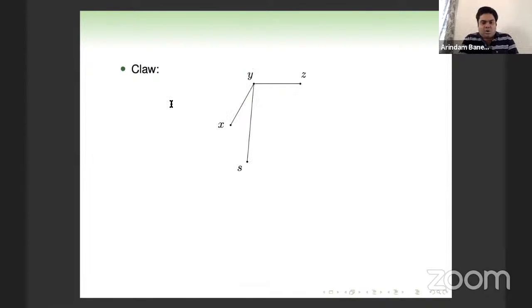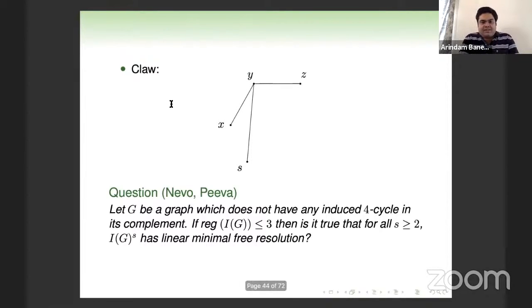This is called claw. So in light of these and lots of experiments done on the Cornell server, Nevo and Peeva came up with the following question. Let G be a graph which doesn't have any induced 4-cycle in the complement. If regularity of I_G is less than or equal to 3, then is it true that for all s greater than or equal to 2, I_G power s has linear minimal free resolution?